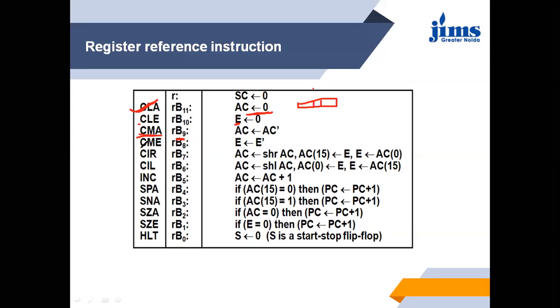The complement of E, circular right, circular left, increment the accumulator by 1, and SPA, P is for positive, means increment the program counter by 1.